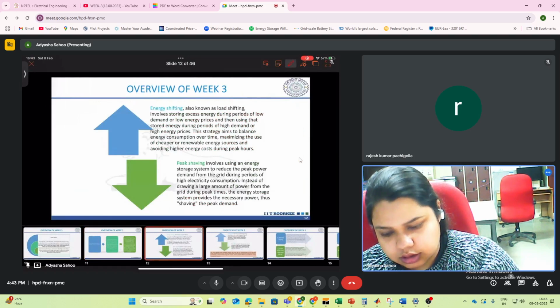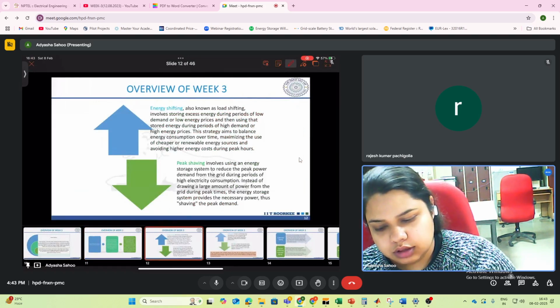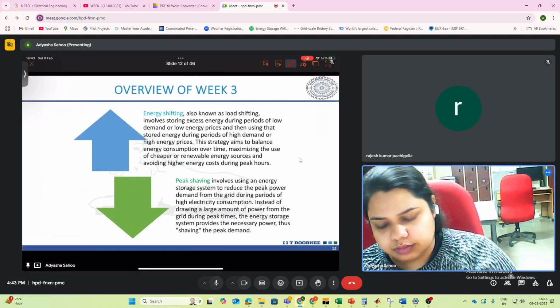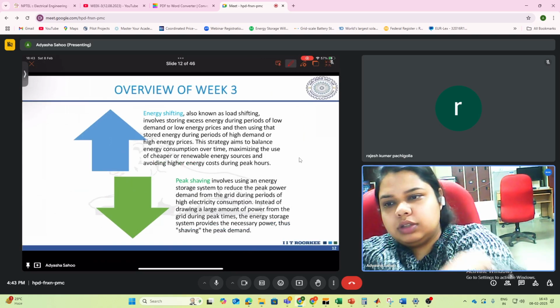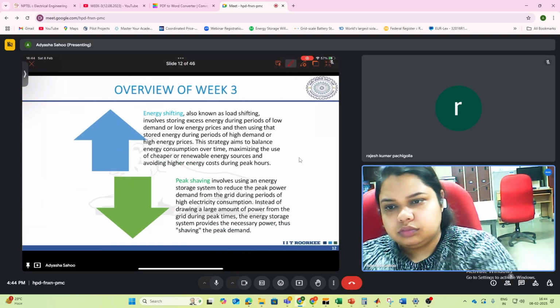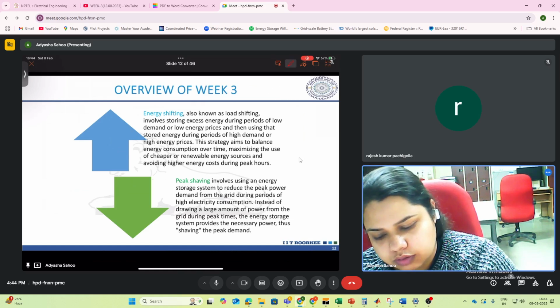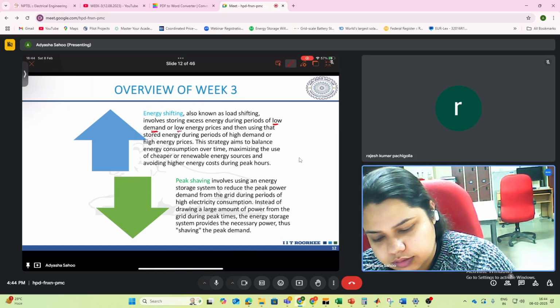Then the next thing is energy shifting versus peak shaving. So energy shifting or load shifting is basically whenever there are periods of low demand or low price, during those times you charge.